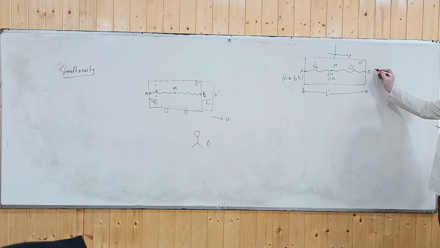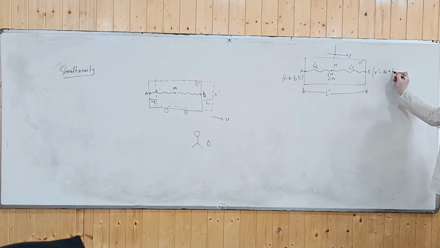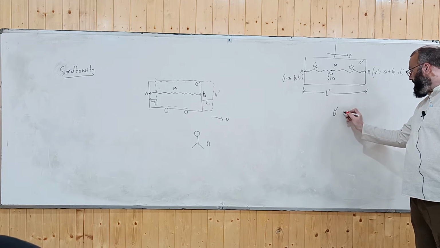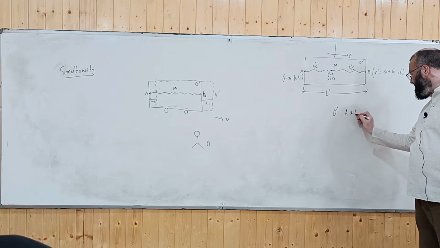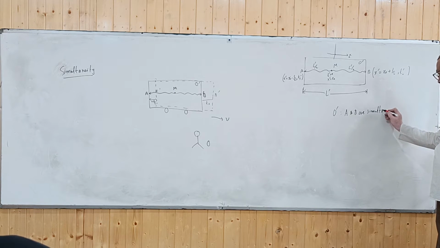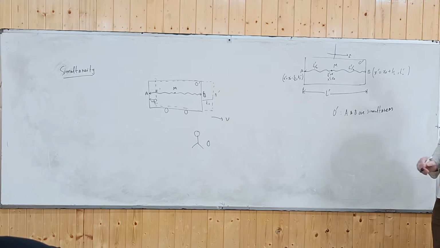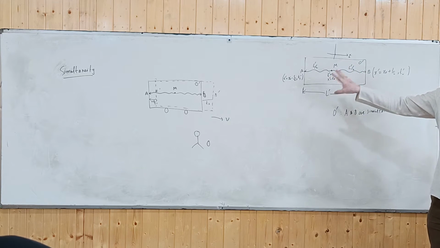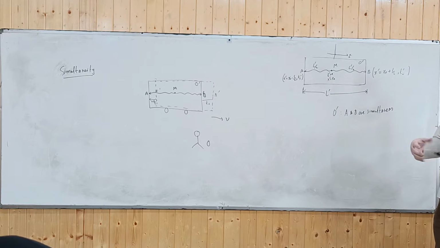What are the coordinates for this point B? x prime is equal to x naught plus L prime by 2, this much distance, and let's write t2 prime. Because in O prime, A and B are simultaneous. In its own frame of reference, they are simultaneous. What does that mean?